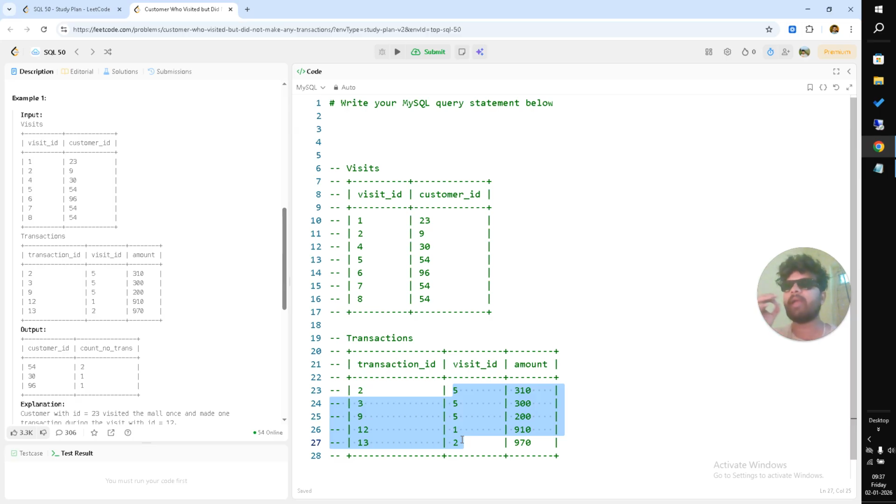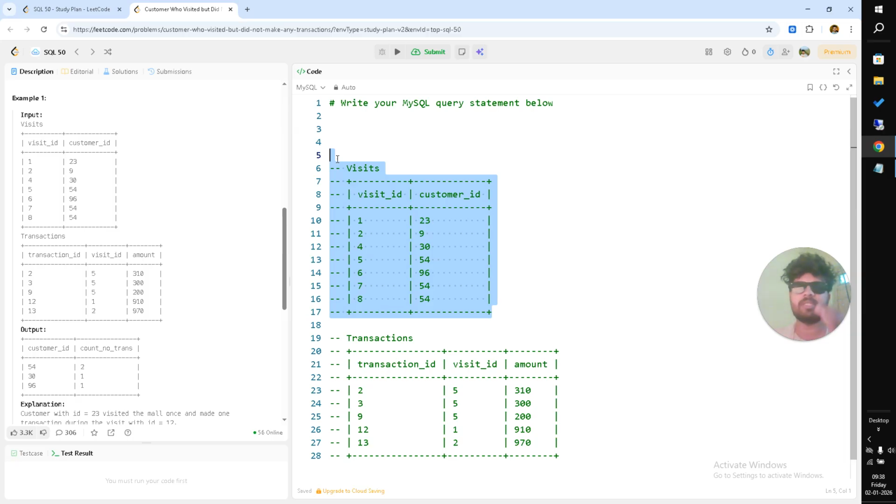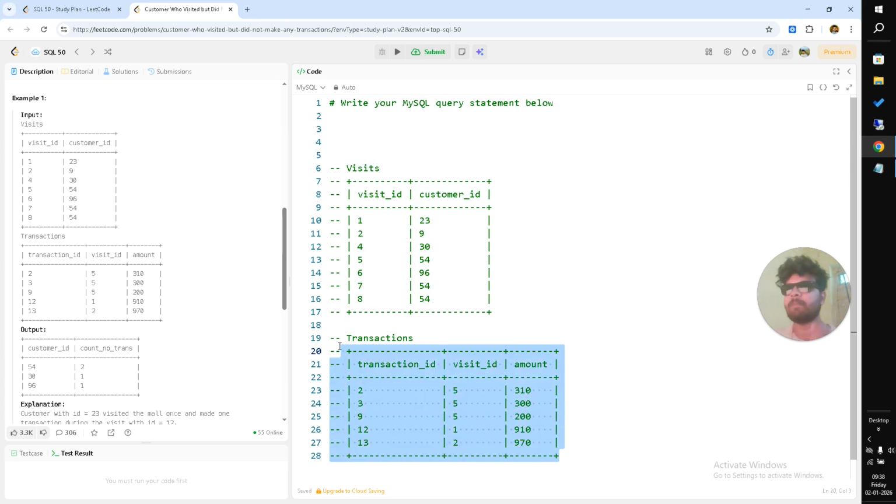Okay, why are we doing this? Because we want the customers who visited the shop but did not buy anything. They just visit and go. This is the visitor data of that customer with customer ID and visit ID, but there is no transaction for that particular customer.